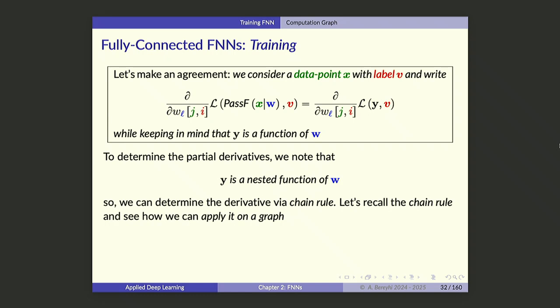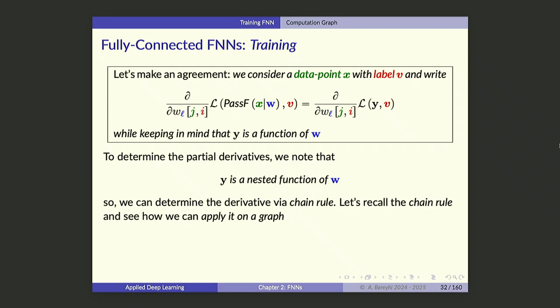It was not the weight of the last layer, but it was the weight of the second last layer, right? So y was a function of the output of the last layer, the second last layer, right? And then the output of that second last layer was a function of that weight, right? So it's an idea of nested functions. Something is not an immediate function of that thing, but is a function of that thing.